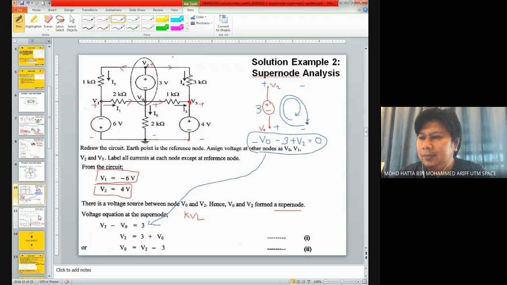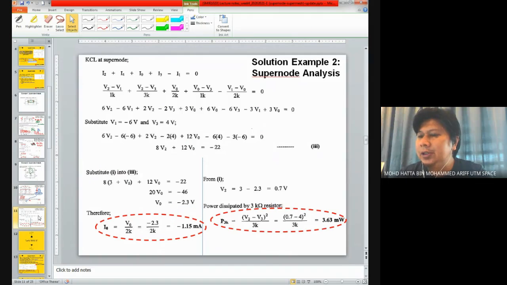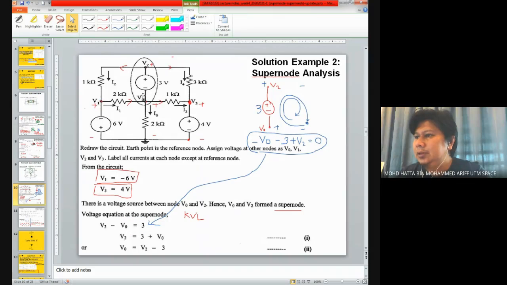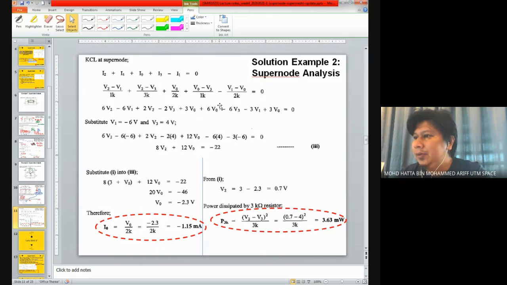All right, for the rest of the solution, we try to apply KCL at the supernode. If you look at the supernode based on this circuit arrangement, maybe I'll try to draw it over here. Later on, you can look back at the question.